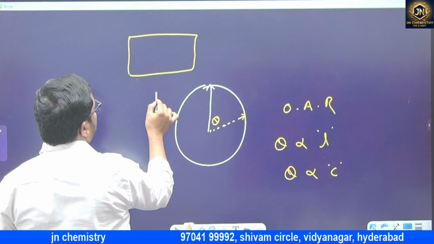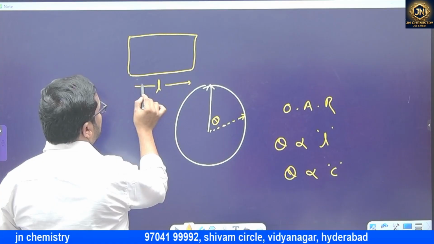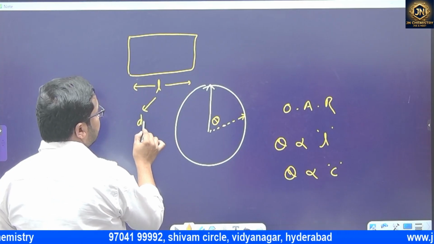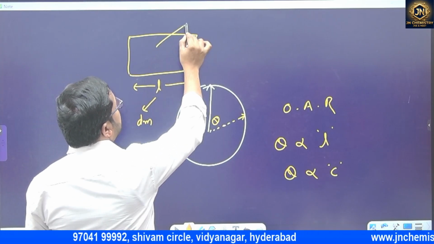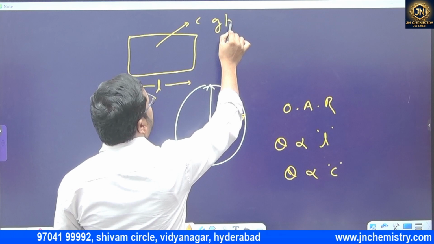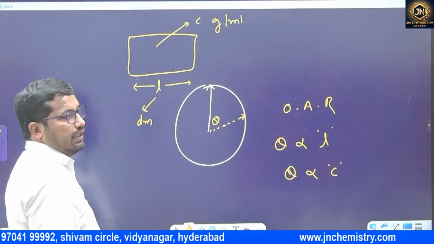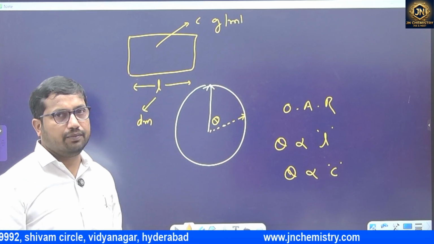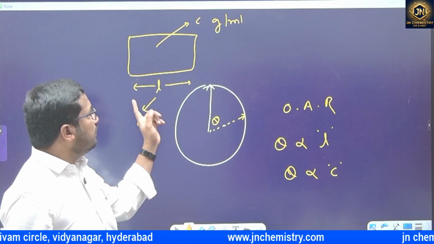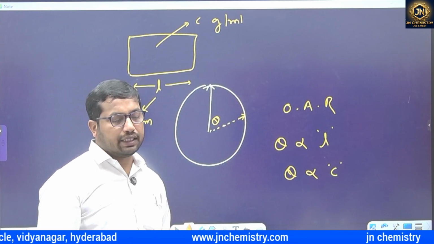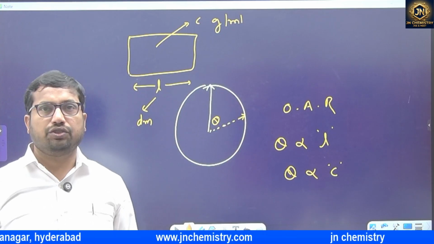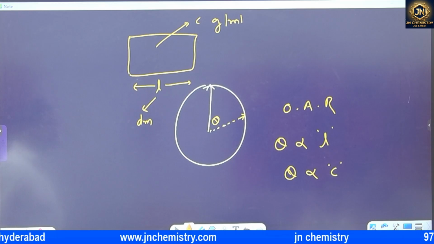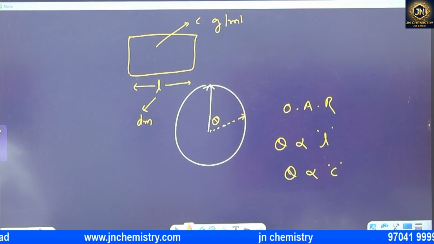In the polarimeter, the length we are taking in decimeters, and the concentration we are taking in gram per ml. Theta, the observed angle of rotation, is directly proportional to the length of the tube and the concentration of the solution. Write it down. If more concentration, more angle.